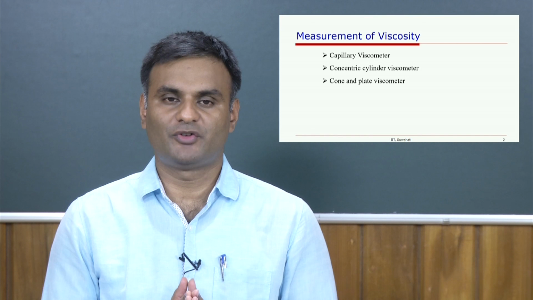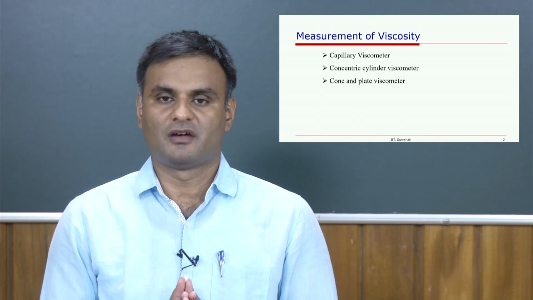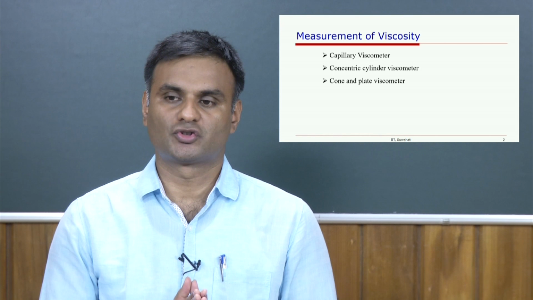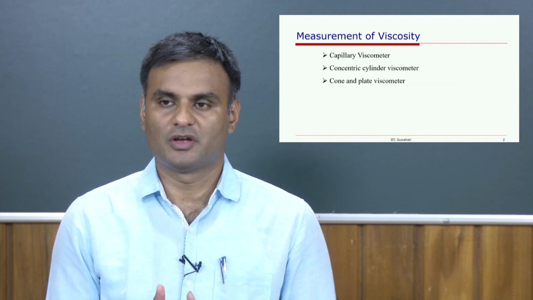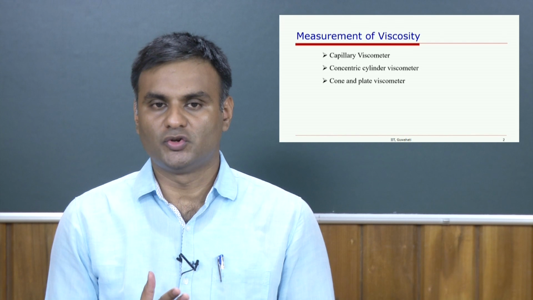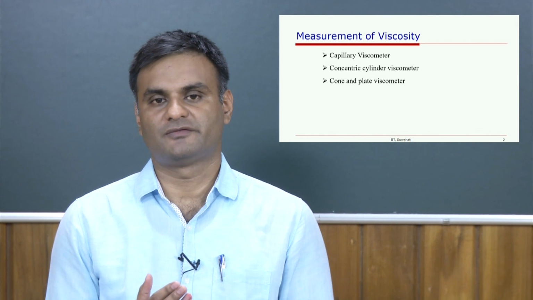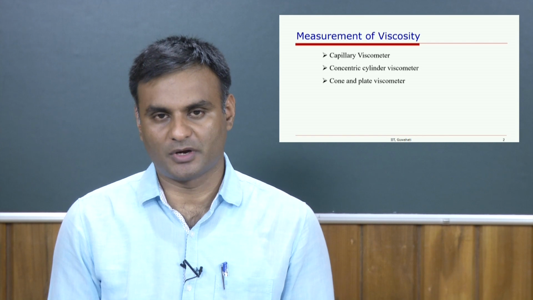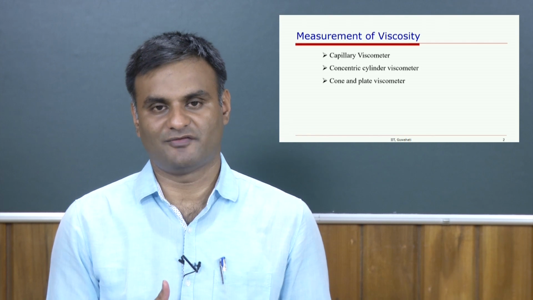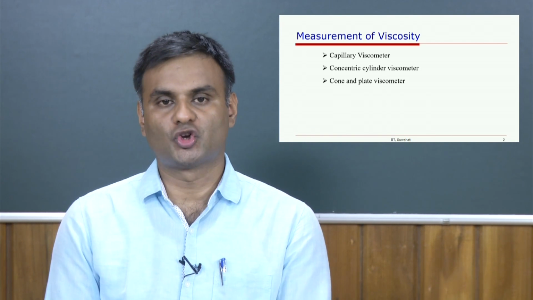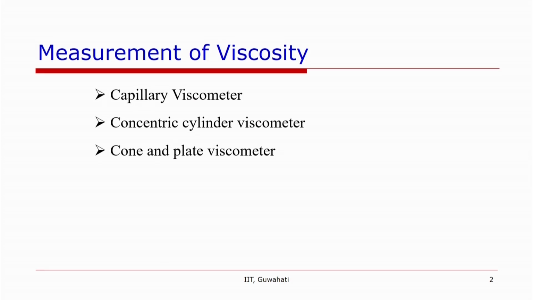So the term viscometer is used for measurement of the viscosity of Newtonian fluids, because their viscosity is constant at any particular temperature, whereas rheometer is used for non-Newtonian fluids. The three viscometers that we have listed here are capillary viscometer, concentric cylinder viscometer, and cone and plate viscometer.